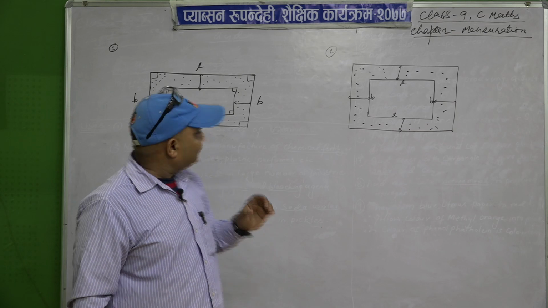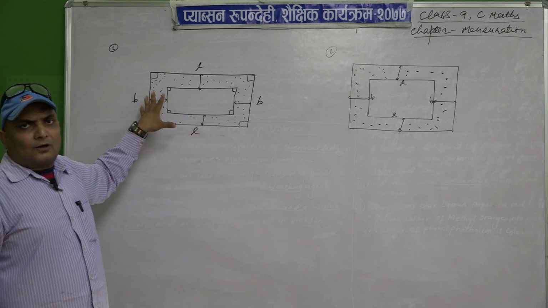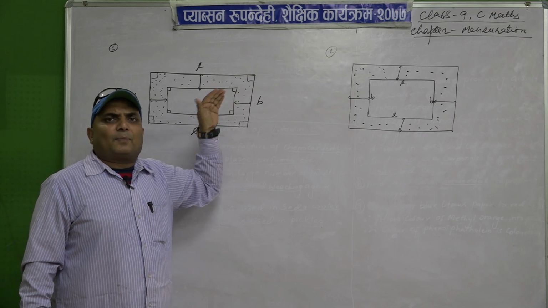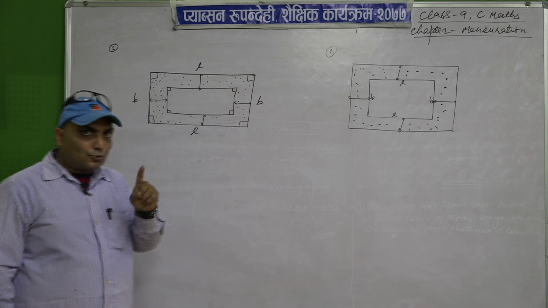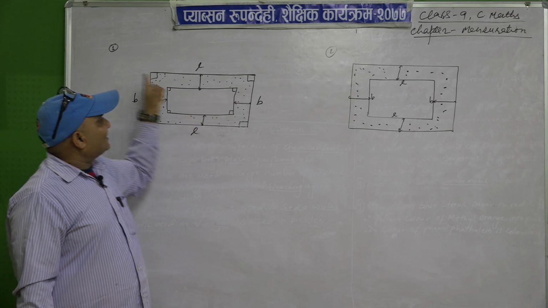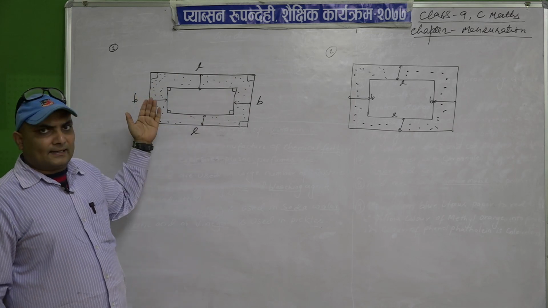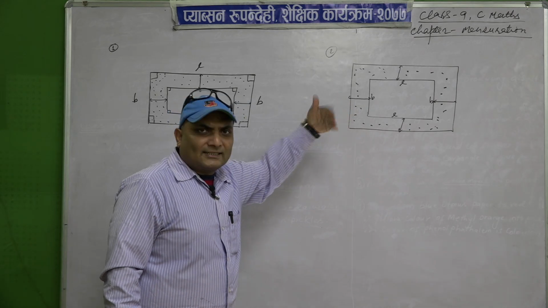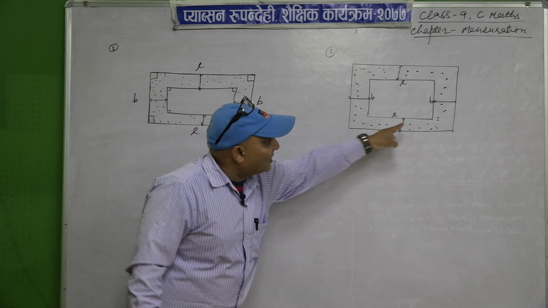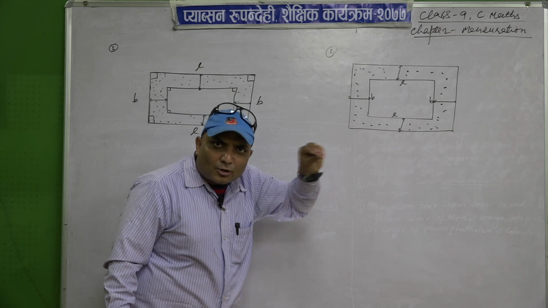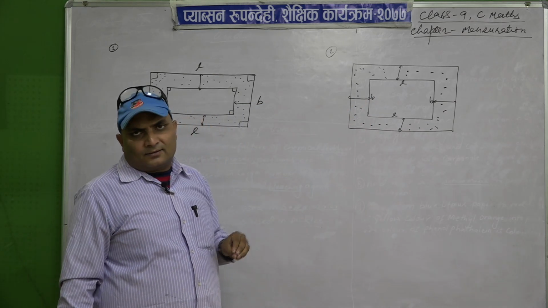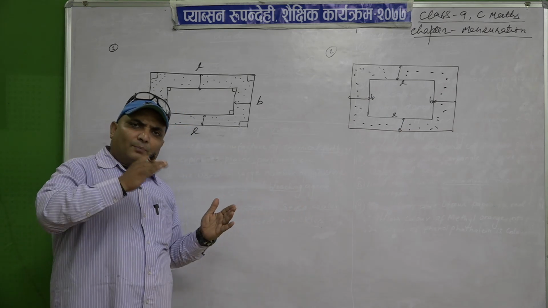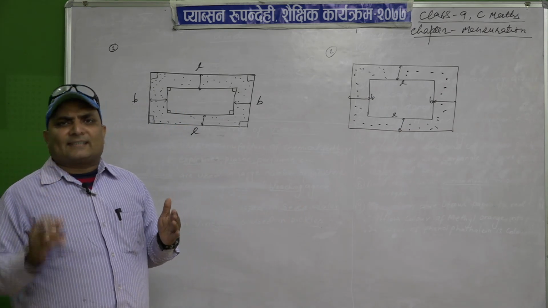Again, when it is said path inside the rectangle, we should know that the length and breadth of the bigger rectangle is given. Same way, if the path is called outside the rectangle, the length and breadth of the small rectangle are given. You should be very careful to differentiate path outside or path inside.